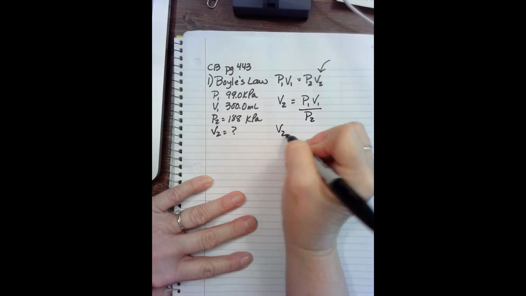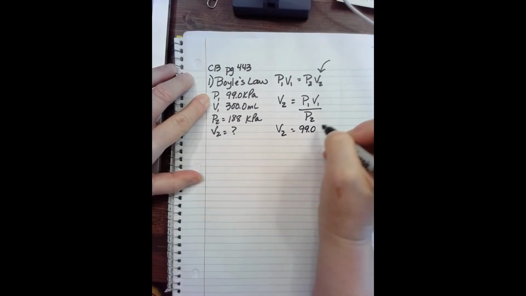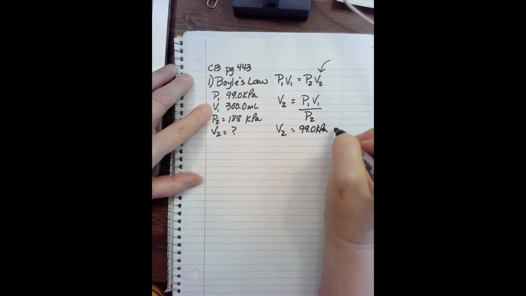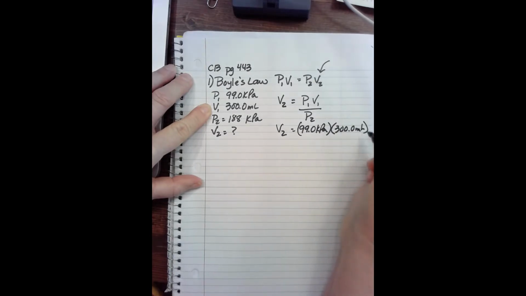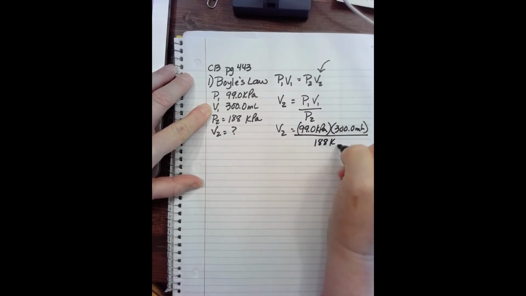And then you would fill in. P1 is 99.0 kPa. Volume 1 is 300 milliliters divided by 188 kPa.